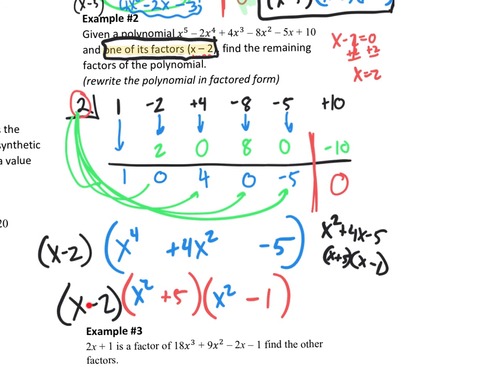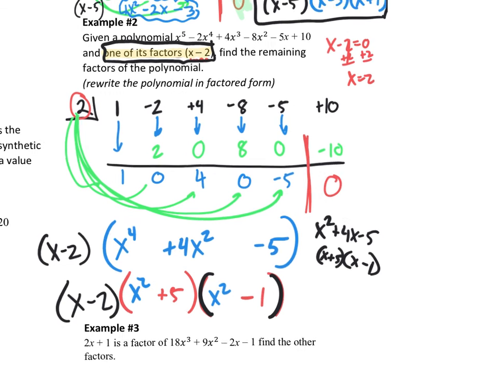Well, x minus 2 you can't, x squared plus 5 you can't, but x squared minus 1, that's technically a difference of two squares. In other words, this is a quadratic binomial where you could think, what times what is negative 1 that if you combine together is the middle value, which is nothing? It's a positive 1 and a negative 1. So I could actually continue factoring this x squared minus 1.